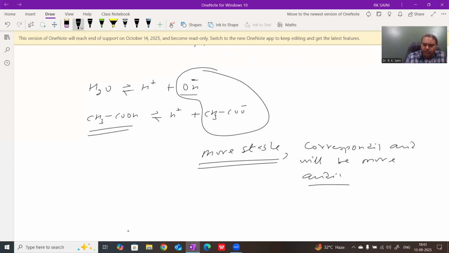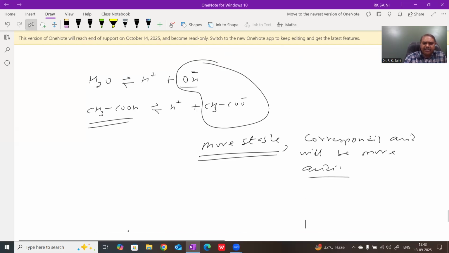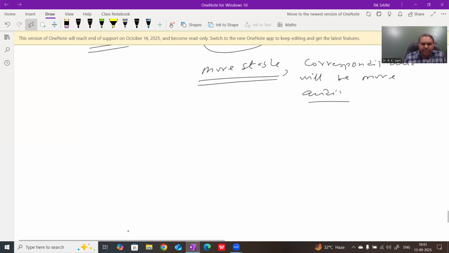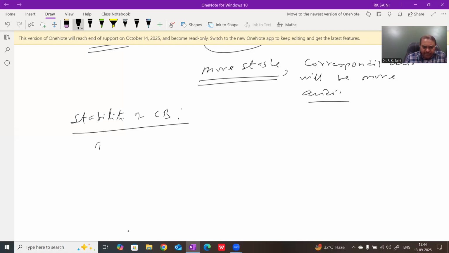And the stability of conjugate base depends upon many factors, of which the following are important. Main factor: if less negative charge is at the conjugate base, then it is more stable.